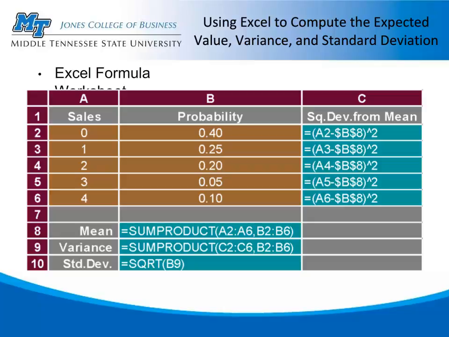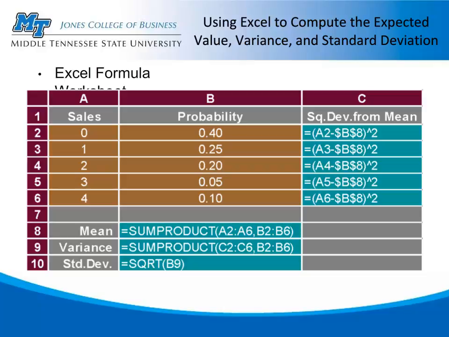Here the probabilities are from B2 to B6, but it will element-wise take the products. It will multiply the value in A2 times the value in B2. It will multiply the value in A3 times the value in B3, and so on. And then it will add up all those products, and whatever the sum is, that's the number that's going to be stored in B8.